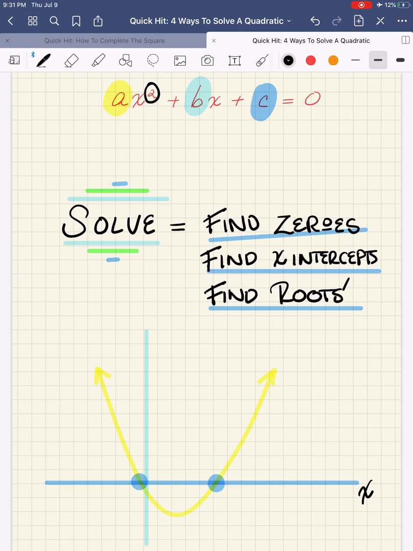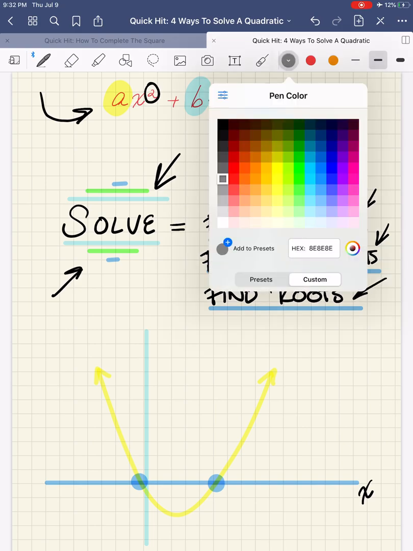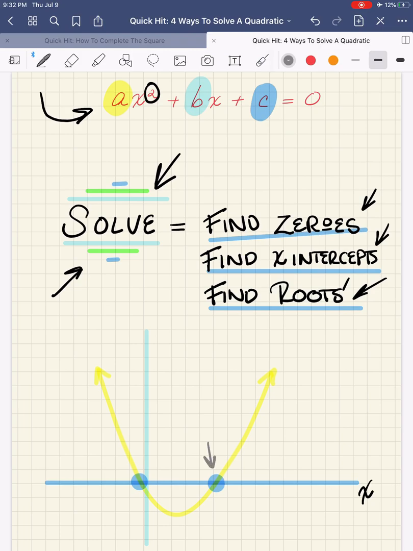So again, to be super clear, when I solve a quadratic, also sometimes known as finding the zeros, finding the x-intercepts, or finding the roots, what am I doing? I am locating those places where the parabola, which is what a quadratic graphs as, intercepts or goes through the x-axis. That is all I am doing.